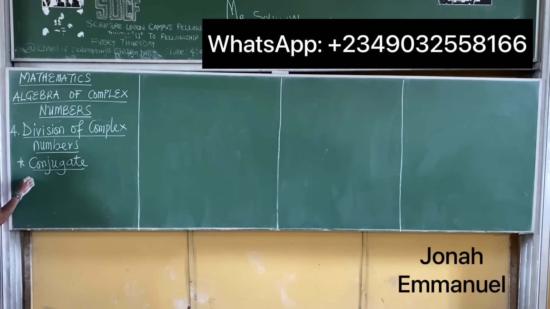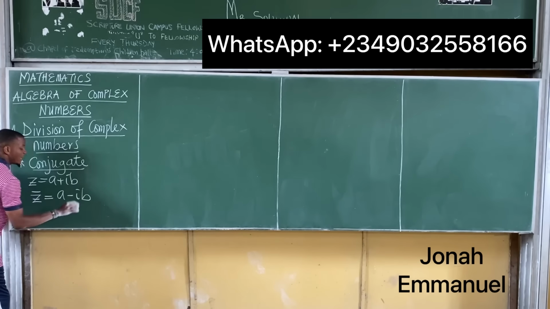Given a complex number z equal to a plus ib, the conjugate of this complex number z is written as z bar, so z with a bar on the head. And z bar, the conjugate, is equal to a minus ib.